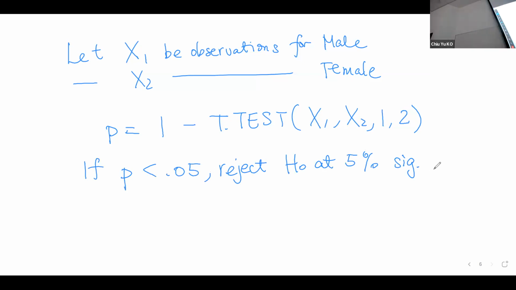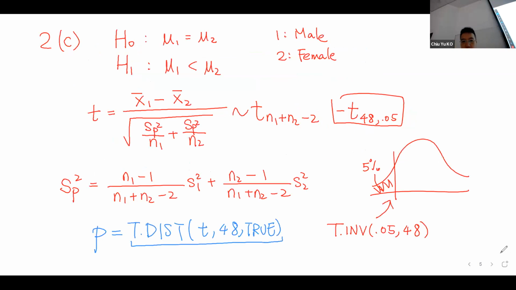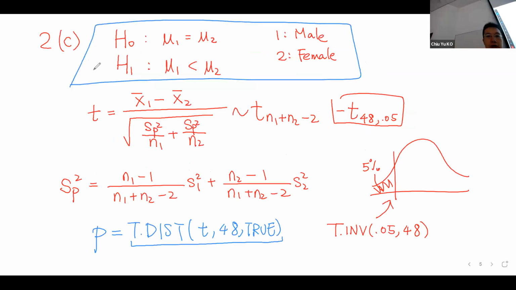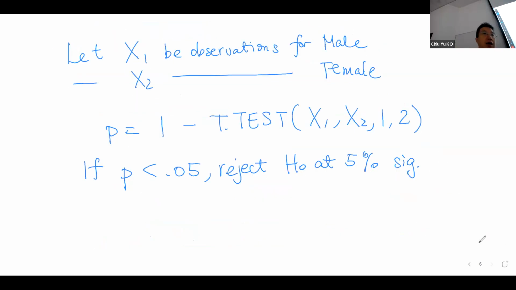Okay, so that is what I expect to see. Of course, I also expect you to give me this one and this one, then we're done. I just need to know your Excel input.